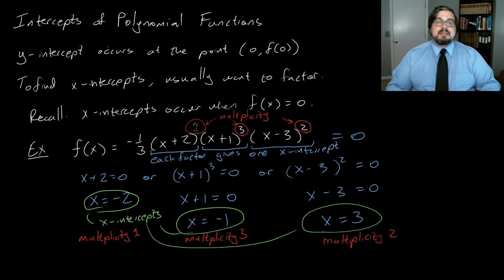And it turns out that the multiplicity of a 0, or of a factor, which gives us an x-intercept of the function, determines how the graph of the function reaches the x-axis at that point.